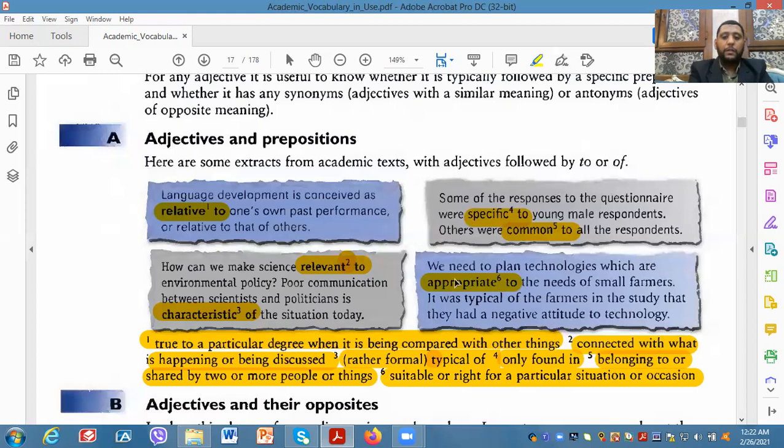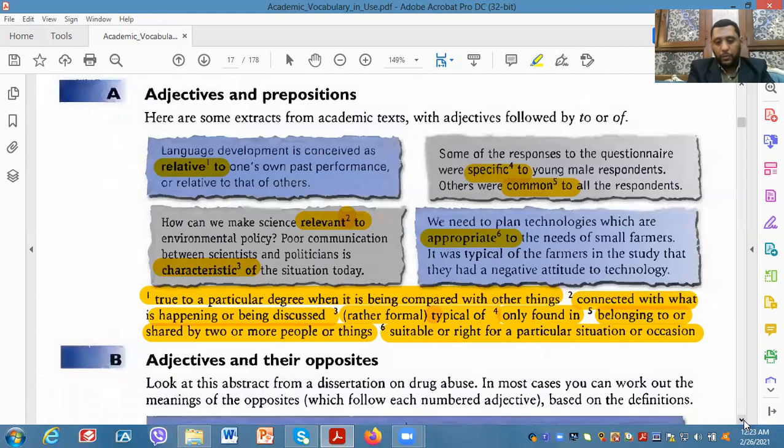Especially when someone would use inappropriate language if he wants to discuss something or to have a strong debate or argument with someone, so he might use this kind of inappropriate language with him or her. So it means the type of language that's being used by this person was not suitable or was not right. This is inappropriate, okay? Or appropriate, suitable, or right for a particular situation or occasion. All right. Hopefully, this was clear.